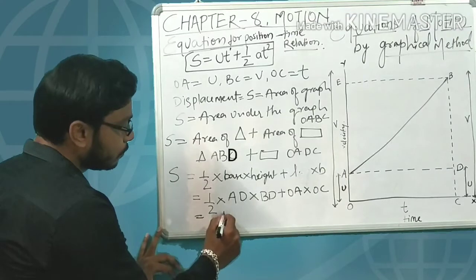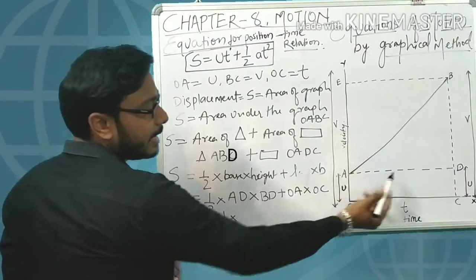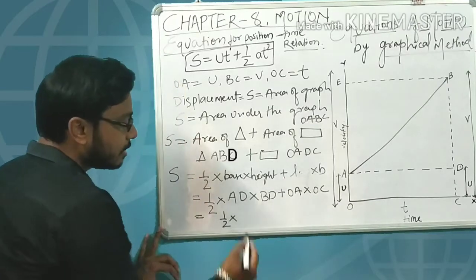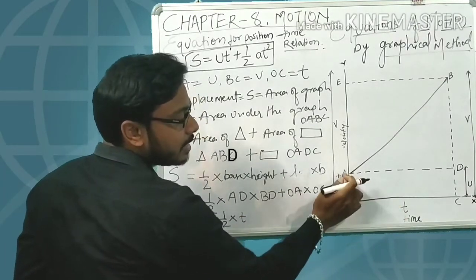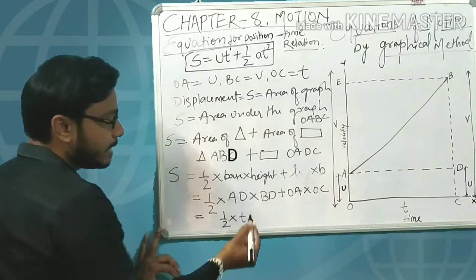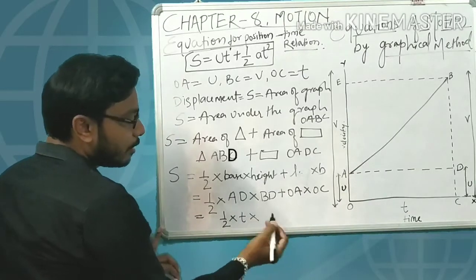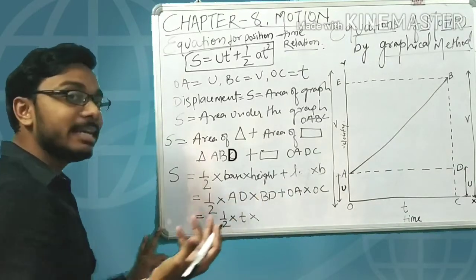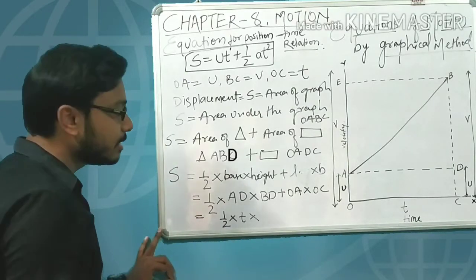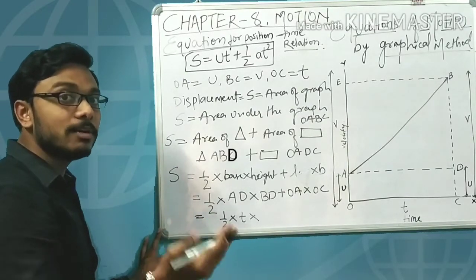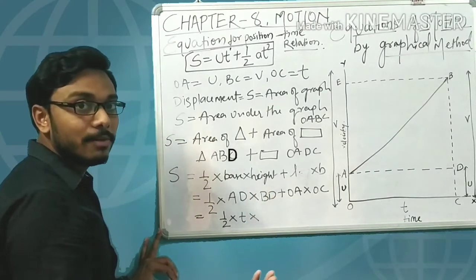That will be equal to half into, what is AD? AD is equal to OC, that is the time t. So it will be t, into, what is BD? How are we getting BD? BD is BC minus DC. We have already calculated that.